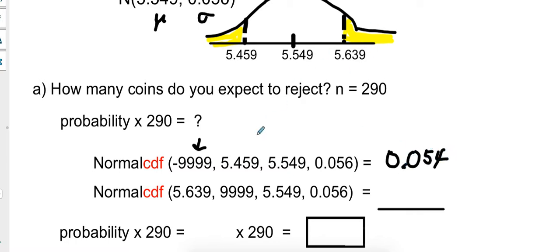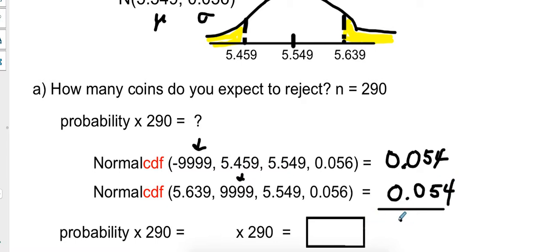To find the second tail, you're going to look at what values start at the second value and go off to positive infinity. So you're going to enter in the 4 parameters this way: the lower limit that you're starting at, positive infinity, and then those 2 values. And when you put that in, you're going to end up with another 0.054.